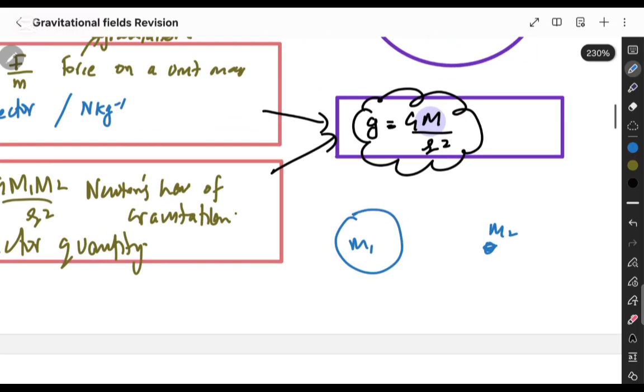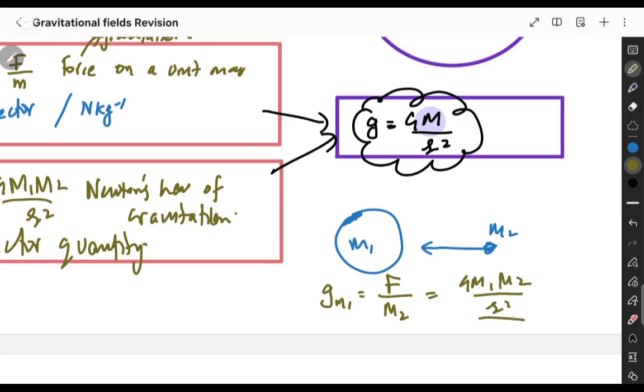M1 is going to be exerting a force on M2. So the gravitational field of M1 is equal to the force on M2 per unit mass, and that unit mass is M2. When I plug in the formula, G M1 M2 over R squared over M2, M2 gets cancelled out.